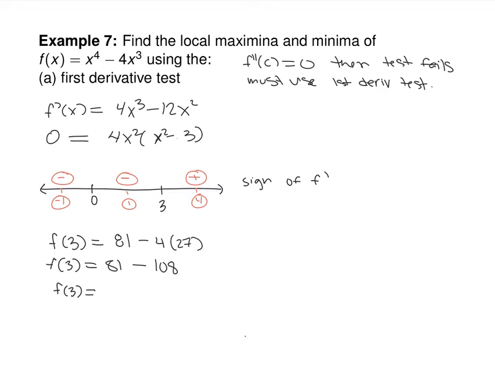A negative number. Well, you can do 108 minus 81, can't you? But negative, right? Okay. So is it going to be a max or a min? Decrease, increase. It's a min.